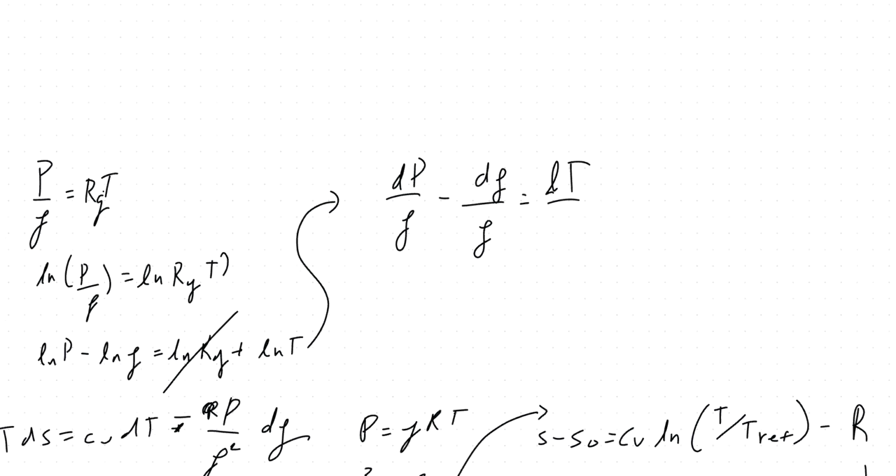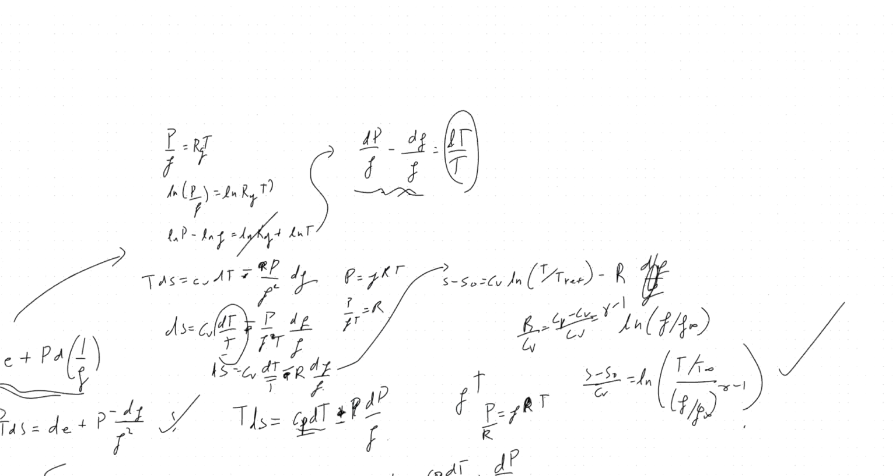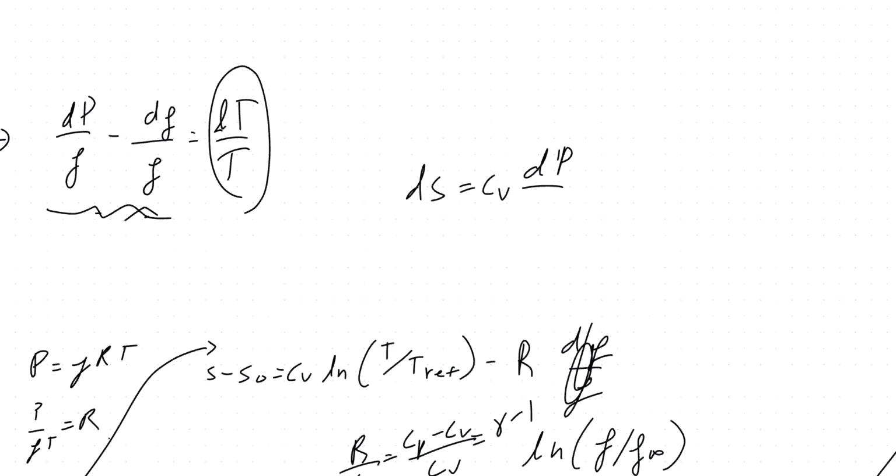assumption. What does that give me? This equation can be changed here, which gives you a relationship over here. It doesn't matter which one we choose. We can choose each one, but dS equals CV dP over rho, right? Am I correct about rho? No, it's P. I was about to say that doesn't make sense.